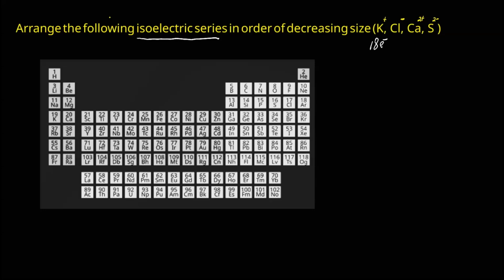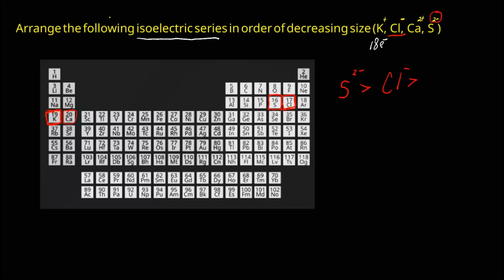Now, let's arrange these in order of decreasing size. Since they all have 18 electrons, sulfur here has a 2- charge. So I know it's going to be the largest. So sulfur, 2 negative, is going to be larger than chlorine, which is also negative, because those two are larger than their neutral atoms.